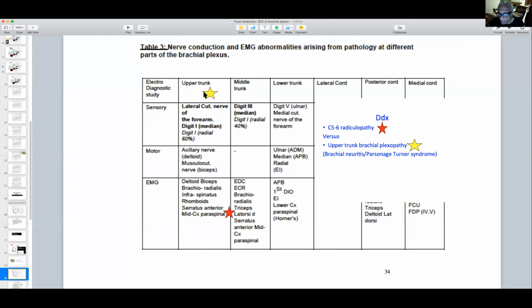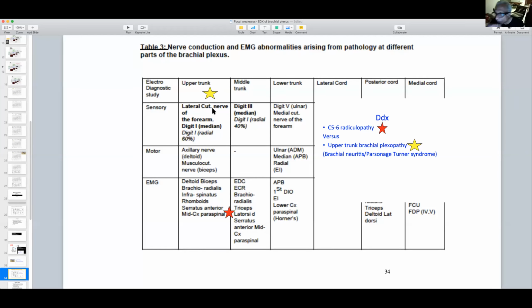you would expect that the sensory potentials of the lateral cutaneous nerve of the forearm and digit 1 median will be abnormal. If this was from C5, C6, because it's a preganglionic lesion, you would expect the lateral cutaneous nerve of the forearm and digit 1 to be normal.